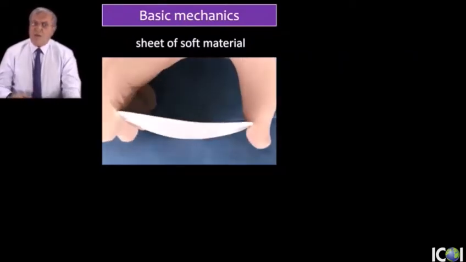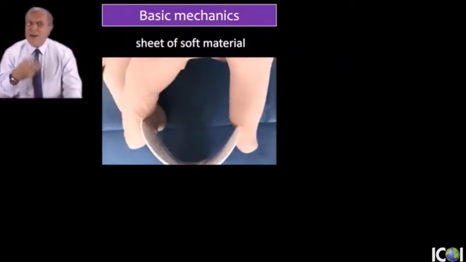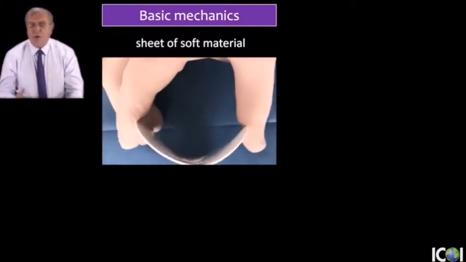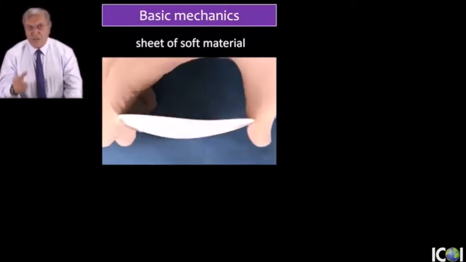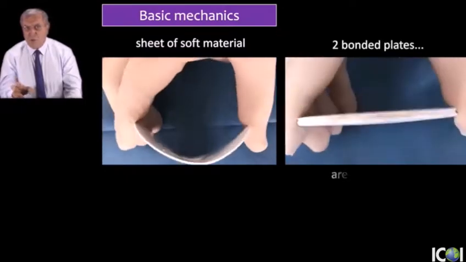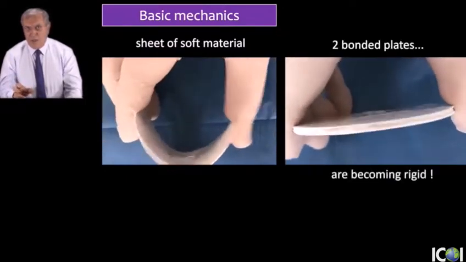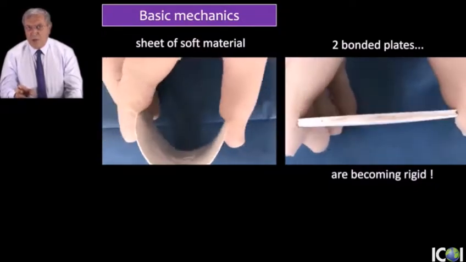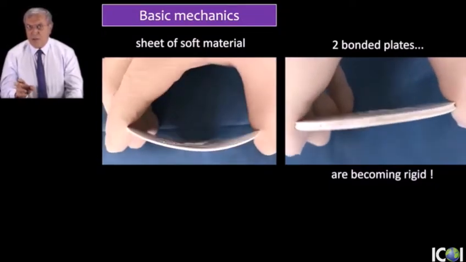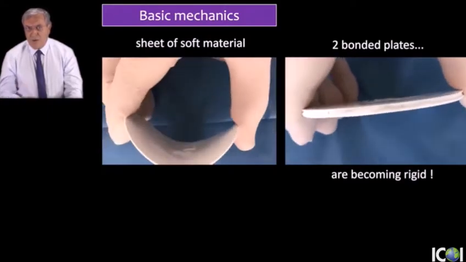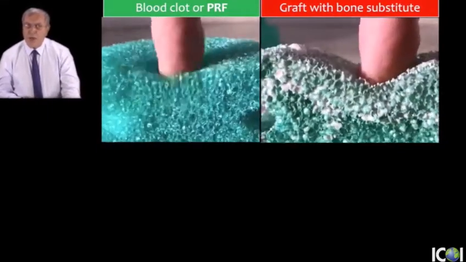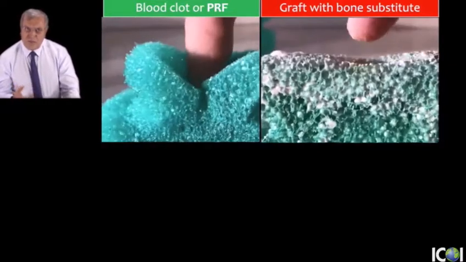If we analyze through a mechanical aspect, sometimes you can take a sheet of soft material and you can fold it. Easy. But if you stick two plates, you will see that when you stick them, they become rigid. It's the same for the bone. When we have a full trabecular bone, it stays soft.